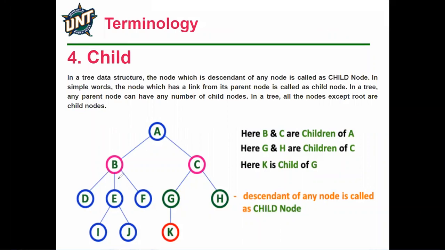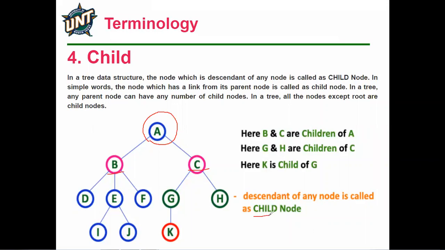We are highlighting the child nodes here: B and C, in dark pink color. B and C are the children of parent A. So the concept of a child node is: the descendant of any node is called a child node.